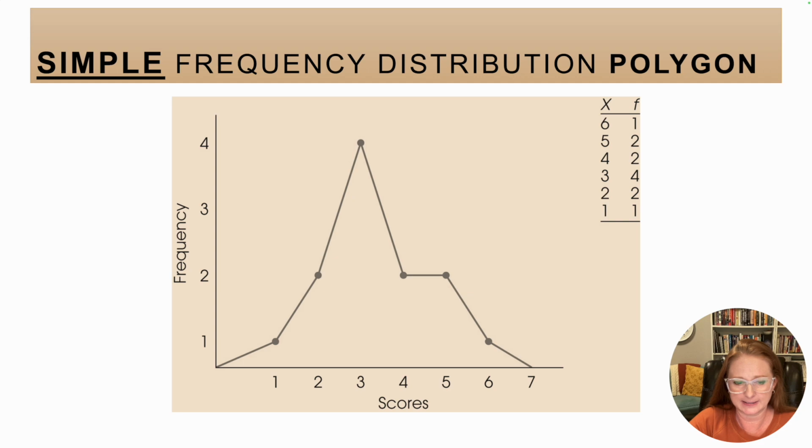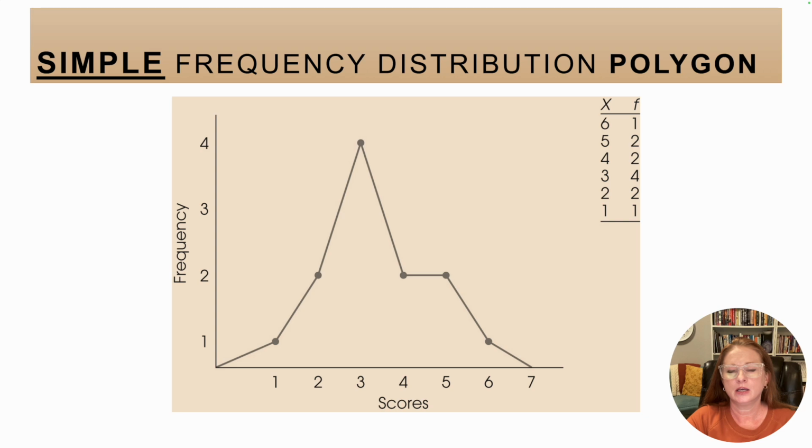So it kind of looks like this. For a simple frequency distribution, if you notice the little dot is right above the line. So what this is telling the reader of this graph is that every score is accounted for. Every score is counted. This is a simple frequency distribution polygon.